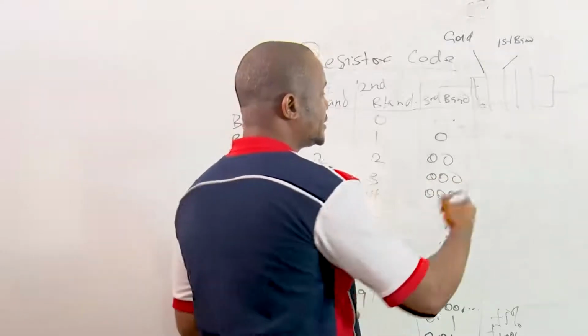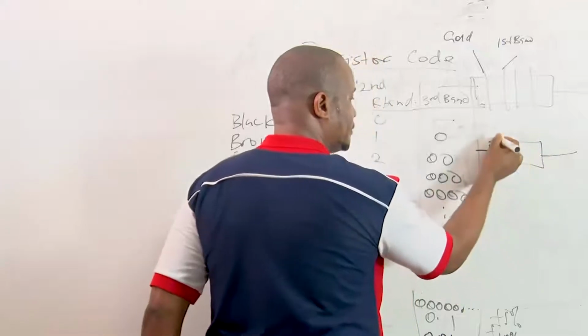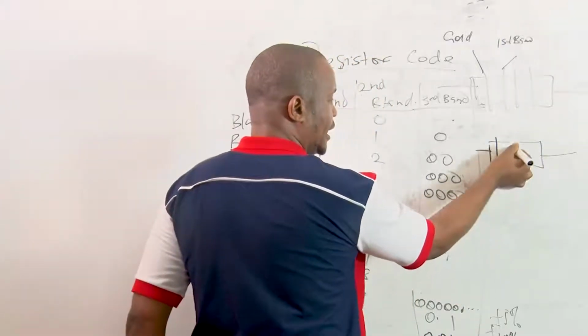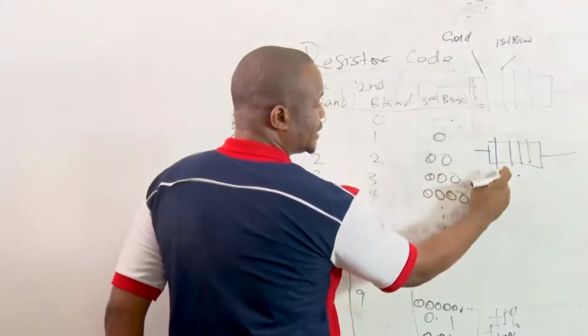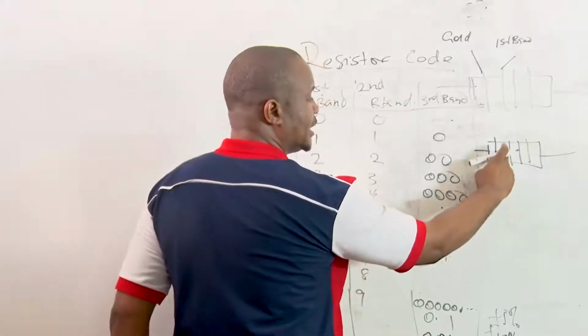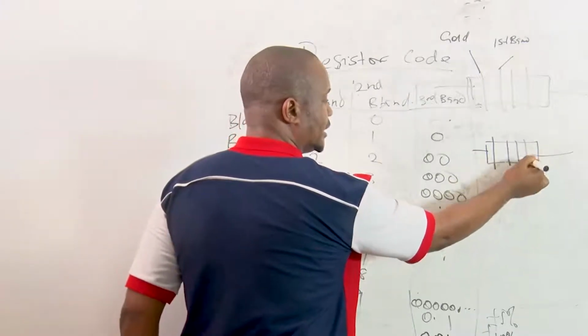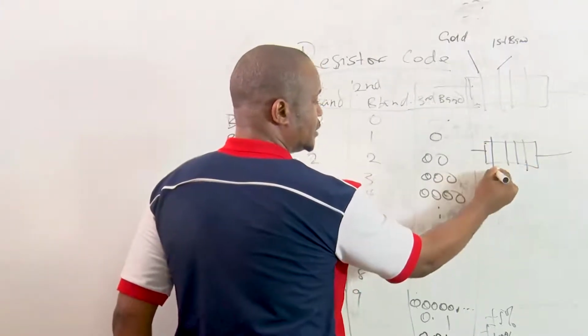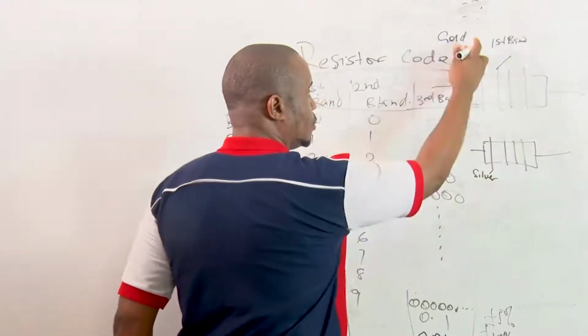There is a considerable distance between the tolerance color and the other markings. You will notice it. So you can see that the distance between here and here is quite much more than between here and here and here. All right. So this is what we call the tolerance. So this can be silver or gold.